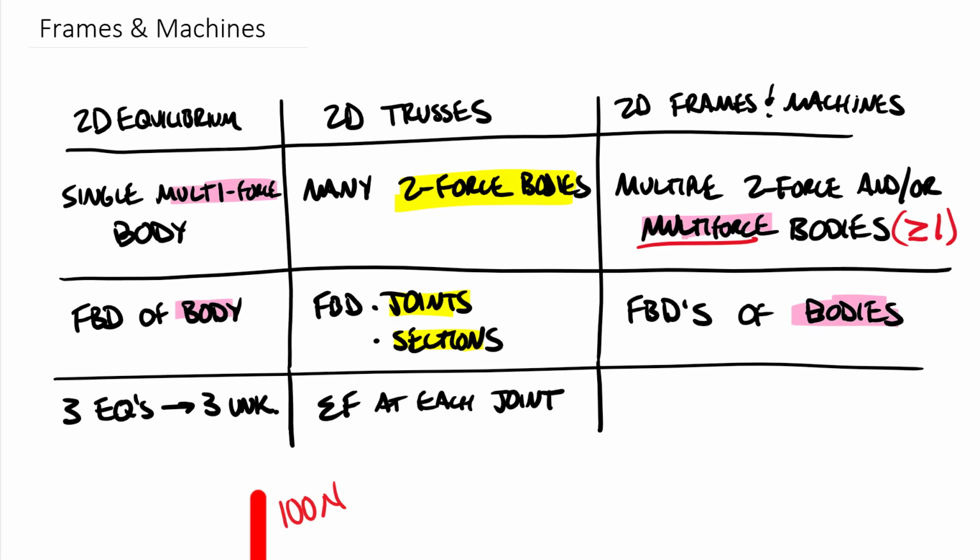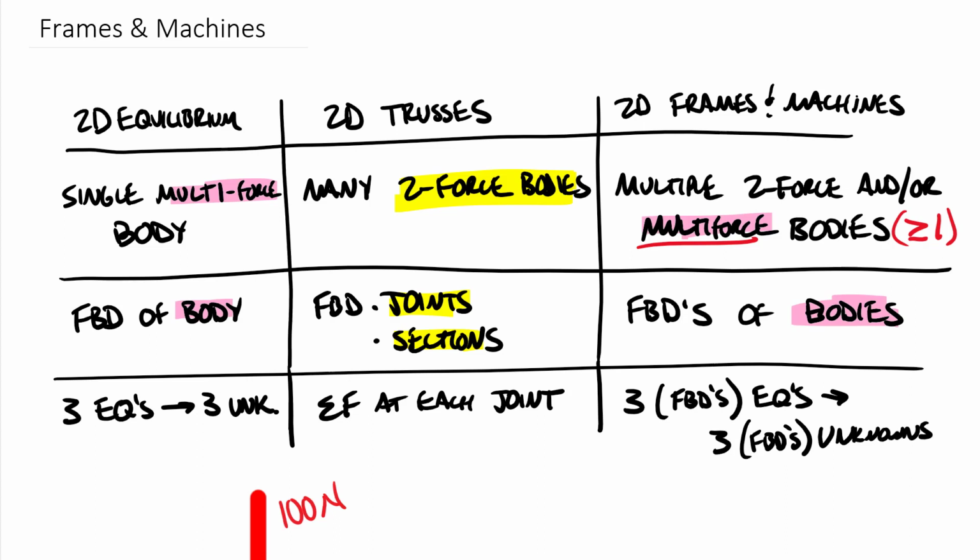And then for frames and machines, because these act more like our single multi-force bodies, we are going to have 3 times the number of free body diagrams as our number of equations. And therefore, we can solve for 3 times the free body diagram's number of unknowns. Okay, so 3 times our FBD's unknowns.